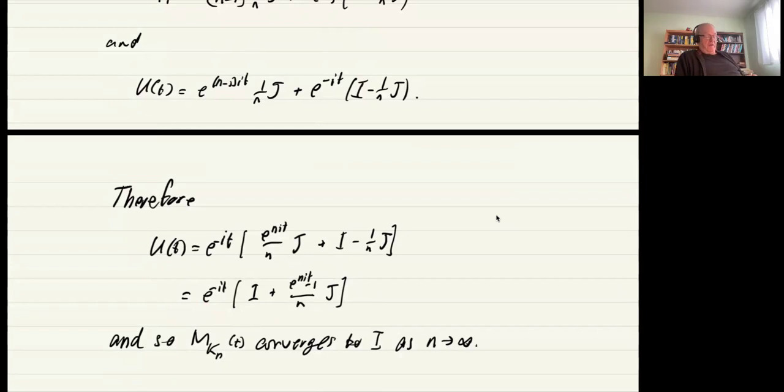And so the absolute value of e to the nit minus 1 is at most 2. And so the absolute value of this is at most 2 on n times the all-ones vector. So the off-diagonal entries of U of t are bounded above by 2 on n. And so as n goes to infinity, the mixing matrix converges to the identity.